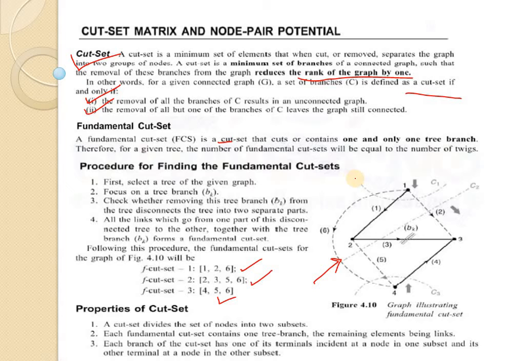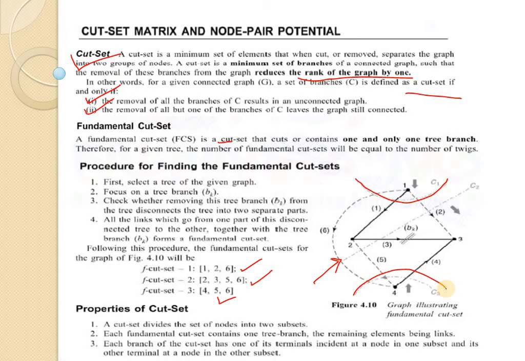So here we have taken the cut set from node 1 side, or we have taken the cut set from node 4. In that way we have started the partitions and we will see whether it has been separated or not.